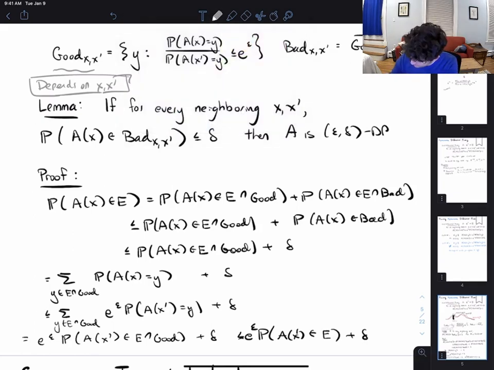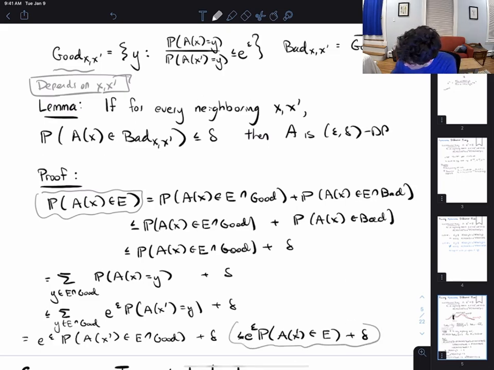So we started with this probability A of X is in E, and through a series of slightly slanty calculations, we said that this was at most e to the epsilon times the probability A of X prime is in E, plus delta. Okay, so this lemma is going to be important. This is how we're going to prove things are epsilon-delta differentially private.